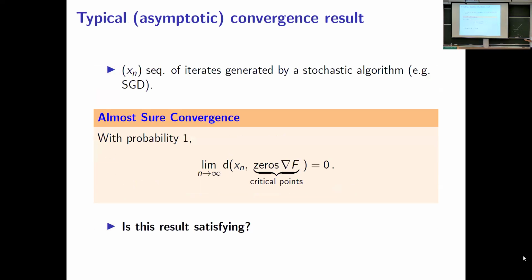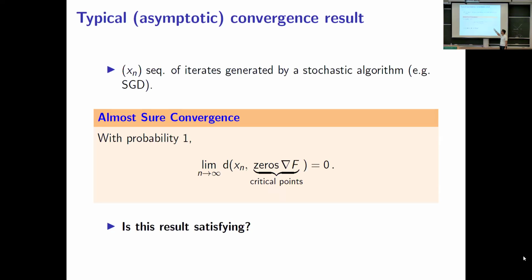Okay, so what kind of asymptotic result can we expect when we run an algorithm to solve the problem I just mentioned? The typical result for a sequence generated by a stochastic algorithm, think about stochastic gradient descent, which is the simplest one, is of this kind.